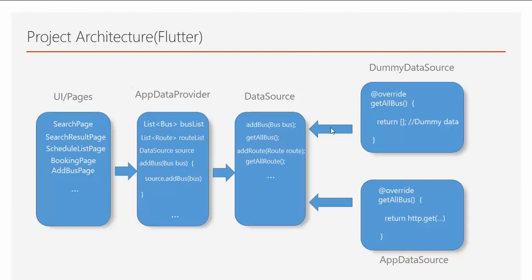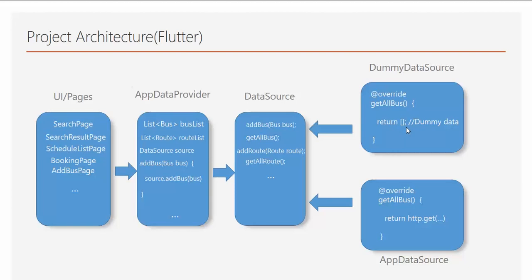How many data source classes we need actually depends on where we want to get our data from. If you want to get your data from the local database, then you should create a class, and that class should extend this data source class so that this child class can override all the methods and we can call these methods to get the data from the local database like SQLite.